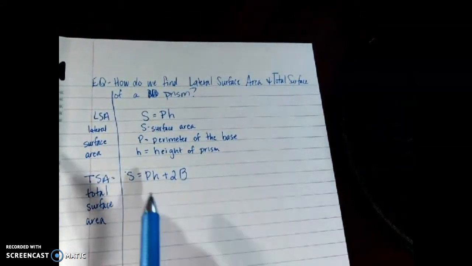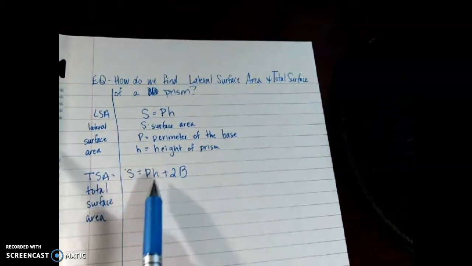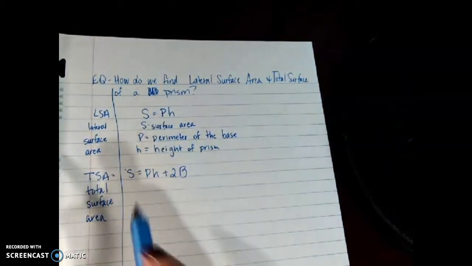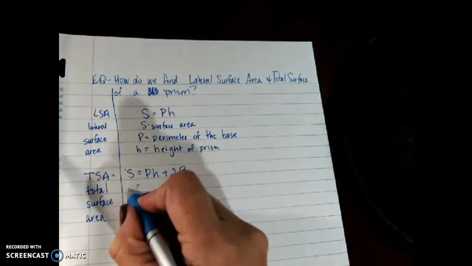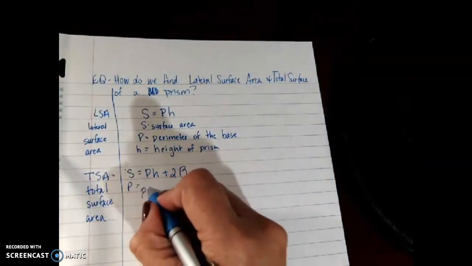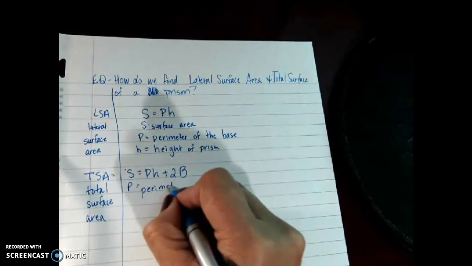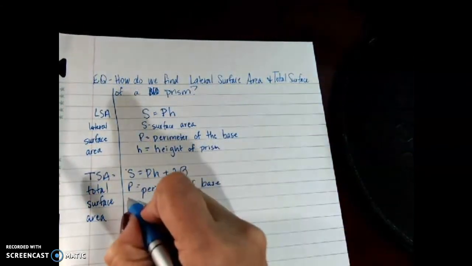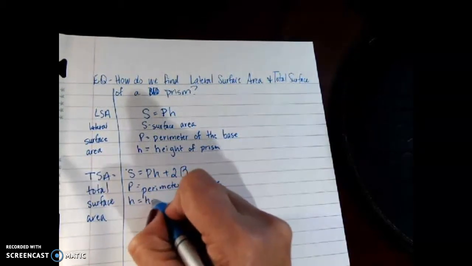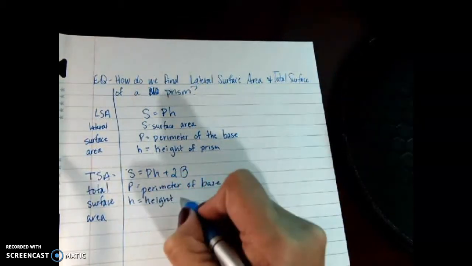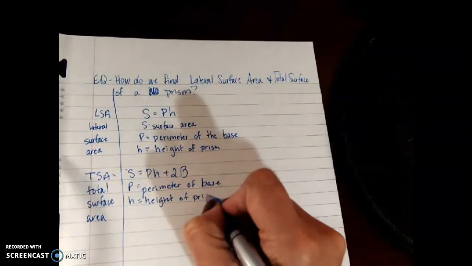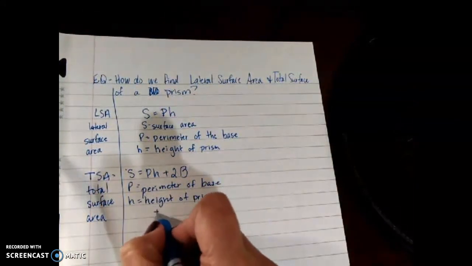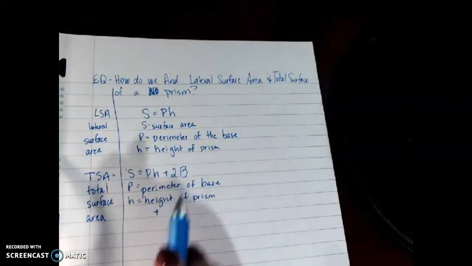So the first part is from the lateral surface area. The big P is the perimeter of the base. H is the height of the prism.